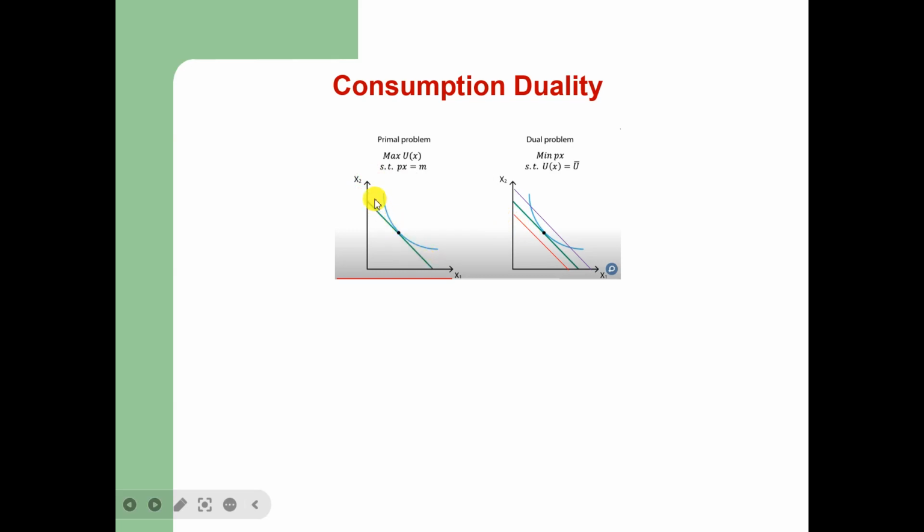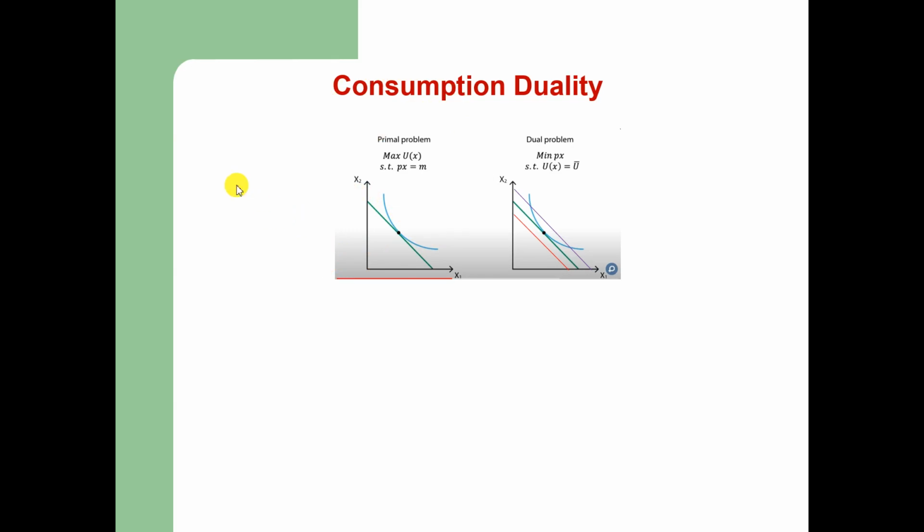We may have an indifference curve which is tangent to this budget line, that is where the budget line is tangent to this indifference curve at this point. We may also have an indifference curve above this one. The higher indifference curve cannot be obtained, it is impossible given this budget line.